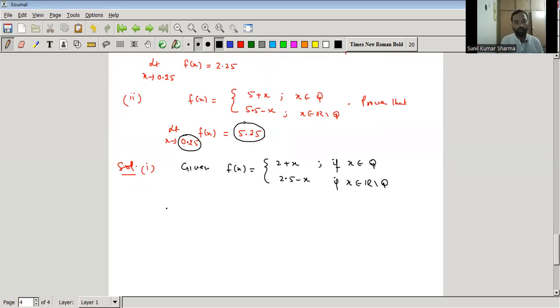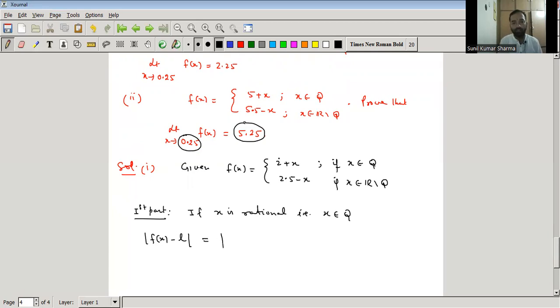Now we have to estimate if x is rational. So we divide this question into two parts. First part, if x is rational, that is x belongs to Q. Now we have to estimate mod f(x) minus L. What is f(x)?